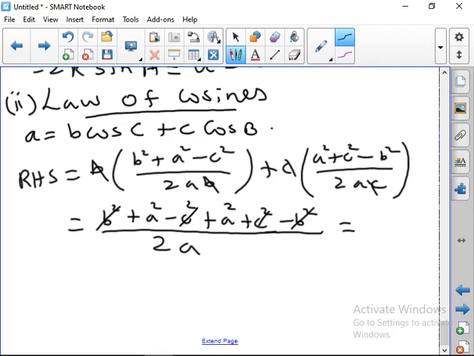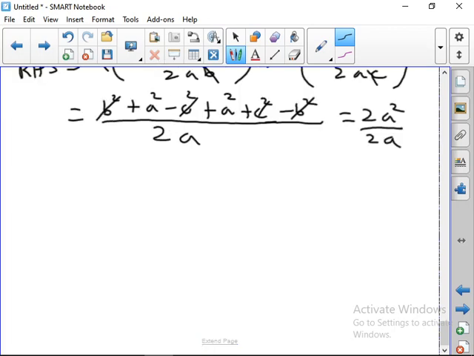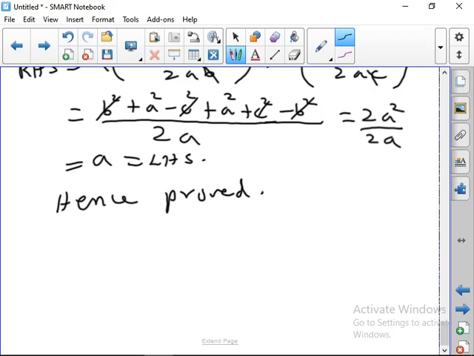So what is remaining? 2a square by 2a இருக்குடா. 2a square by 2a which is equal to a, which is the left hand side. Hence we have proved. Okay, hence it is proved.